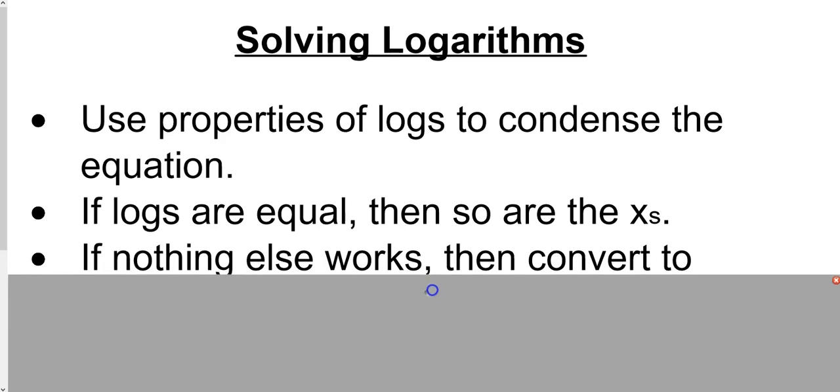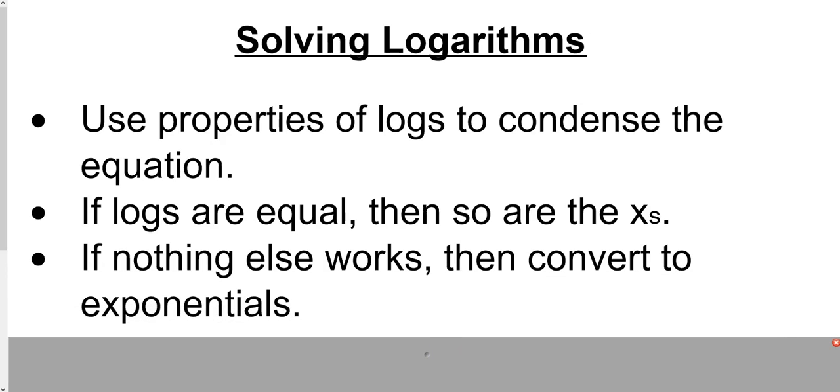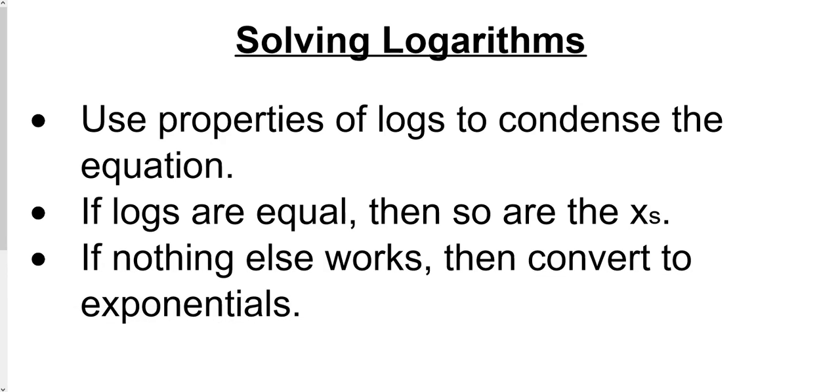And then after that, one of two things is going to happen. Either you're going to end up with two logs equal to each other on both sides, and if that happens, that means that we can set their x components equal to each other. We'll see that here in a couple minutes. And if you don't have two logs equal to each other, then convert it into exponentials, like what we did the other day in class when we talked about 6.4 and 6.5.